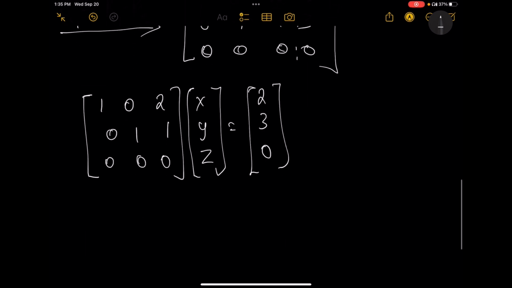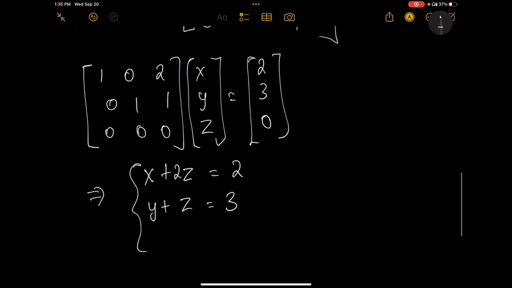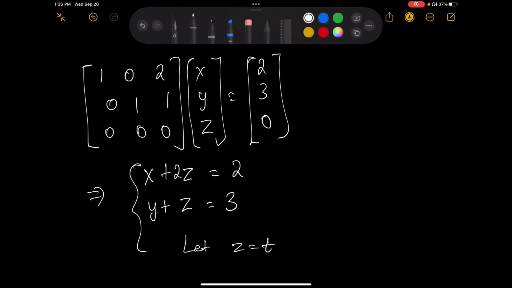So 1 times x gives x, 0 plus 2z is equal to 2; 0y plus z is equal to 3; and 0 is equal to 0. So these are the two equations that we want to solve. Now we have three variables x, y, and z, but two equations. Therefore we can take one of the variables as a free variable. Let z be equal to t, or we can say k. Let's call it k.